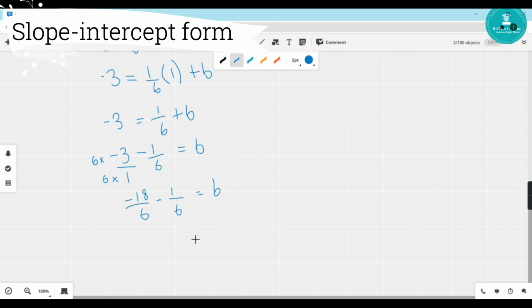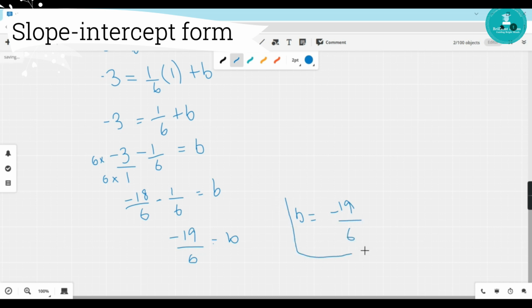It means we can add the numerators. -18 minus 1 will give you -19 divided by 6. We got the b value. Let me write it pretty clearly. The b value is -19 divided by 6.